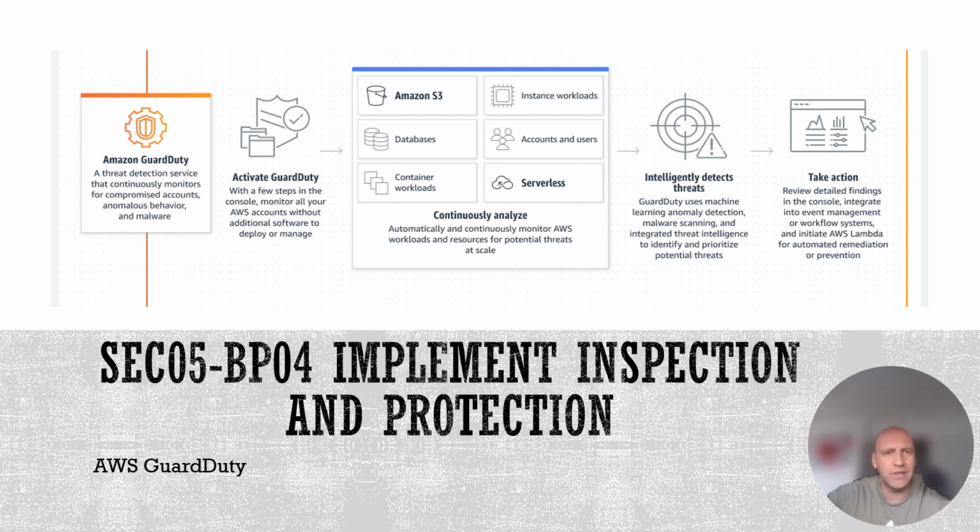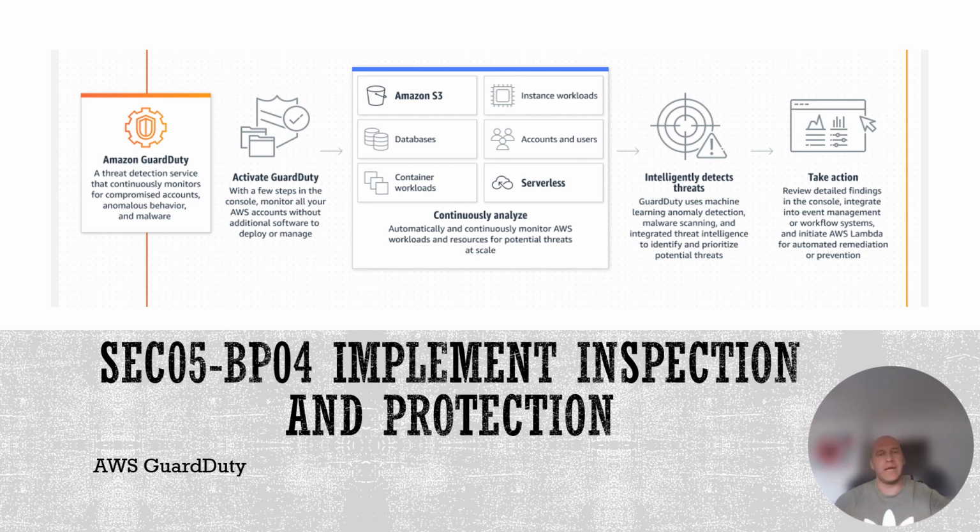So GuardDuty informs you of the status of the AWS environment by producing security findings that you can view in the GuardDuty console or through Amazon EventBridge. GuardDuty also supports exporting your findings to an Amazon Simple Storage Service, S3, bucket, and integrating with other services such as AWS Security Hub and AWS Detective.